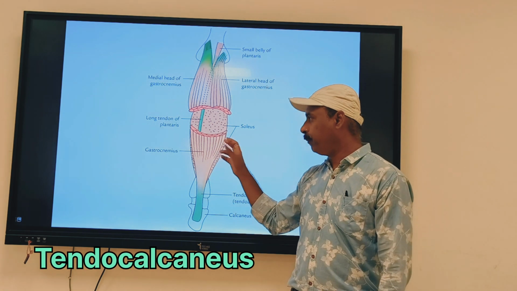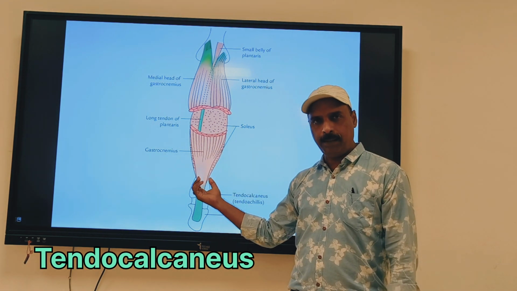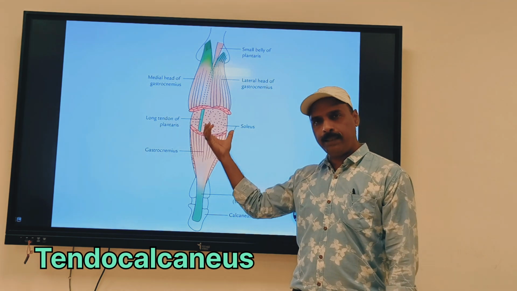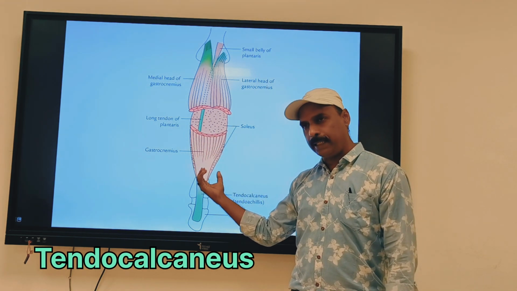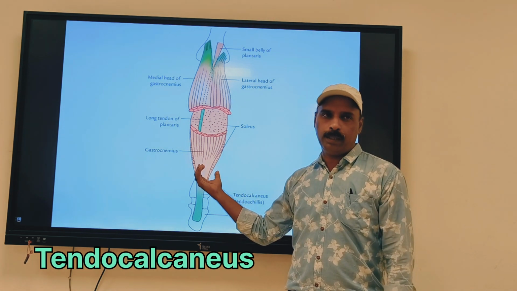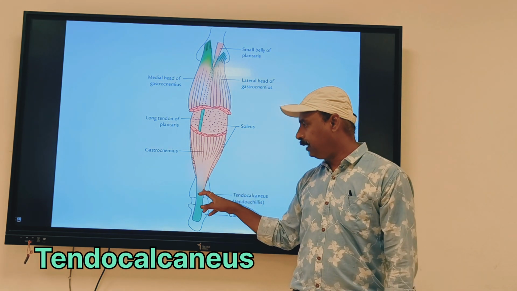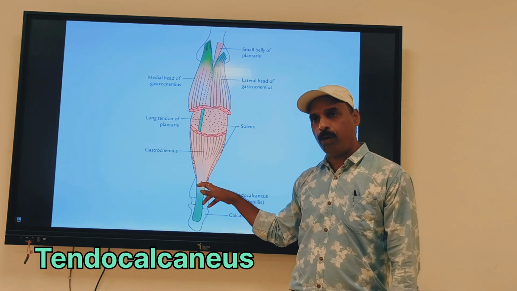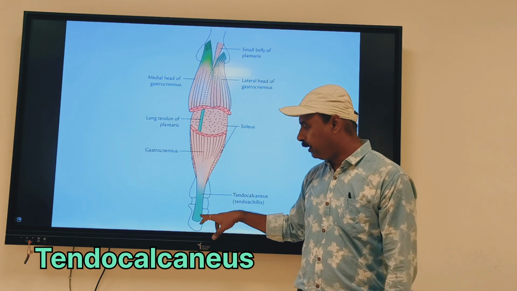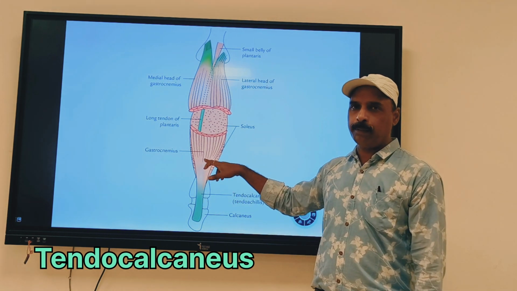The soleus muscle is important, as the gastrocnemius runs upward superficially, and below that is the soleus. The expansion of the tendon runs lower and forms the common tendon, from the insertion on the calcaneus to the lower part of the leg.